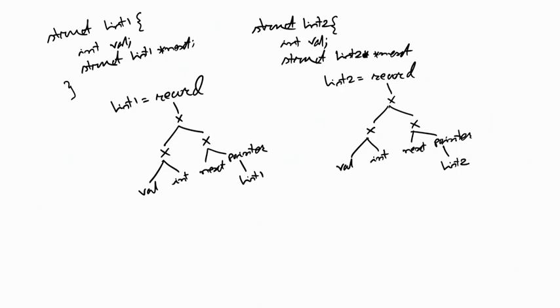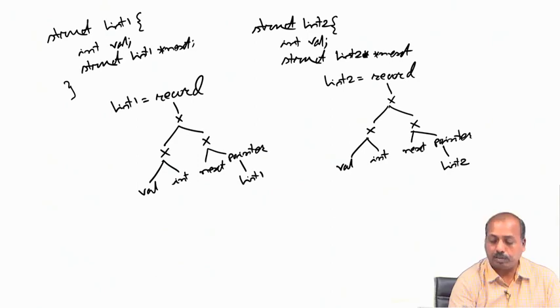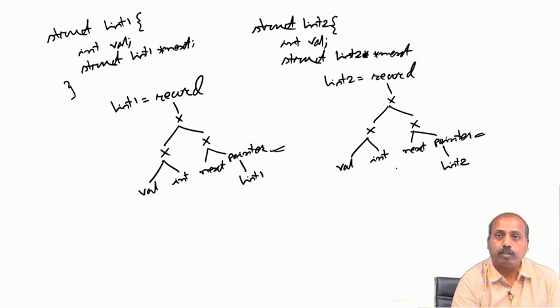Now, these are non equivalent, because up to this much it is fine, but this is a pointer to list1 and this is a pointer to list2. As a result, these two are going to be non equivalent.